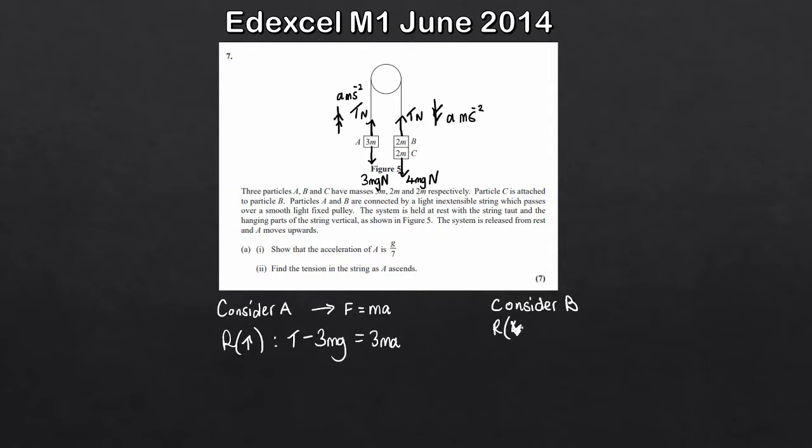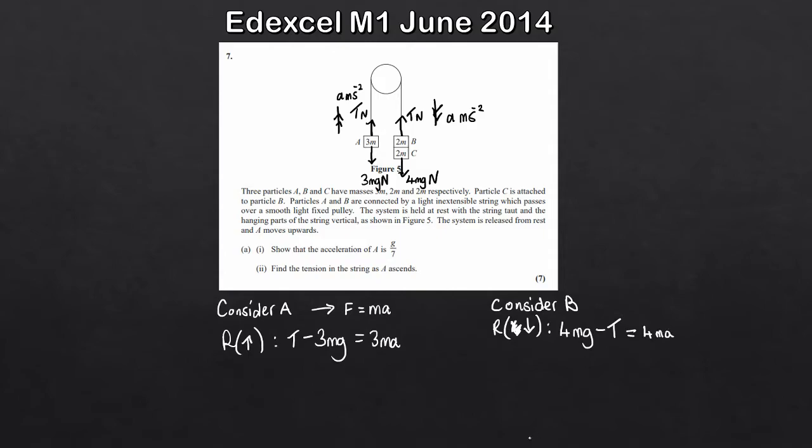So the force is 4mg, because we're looking downwards this time, minus the tension T. This is equal to the mass times the acceleration. Remember, the mass is the two particles combined, so that's 4m times a, so 4ma.